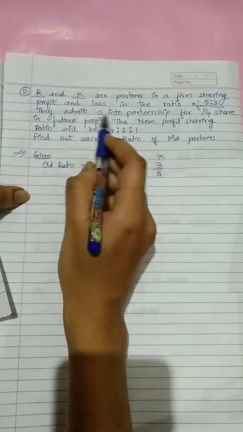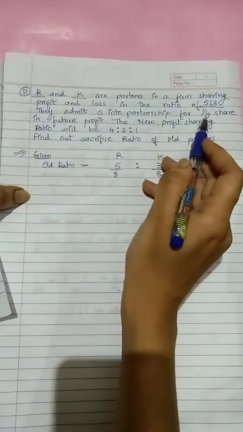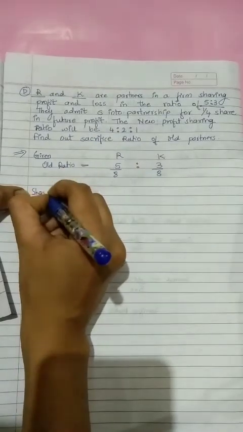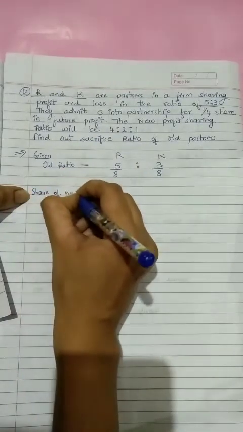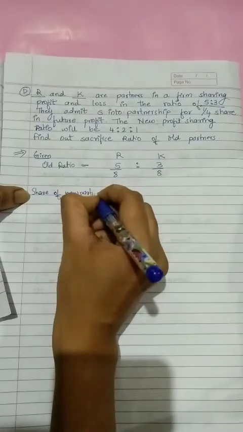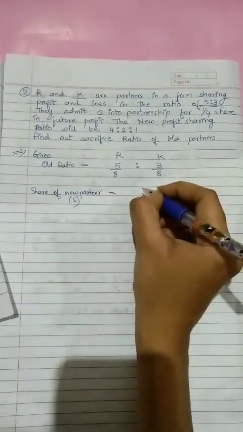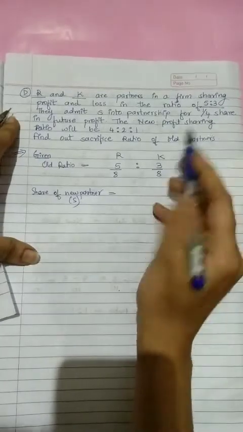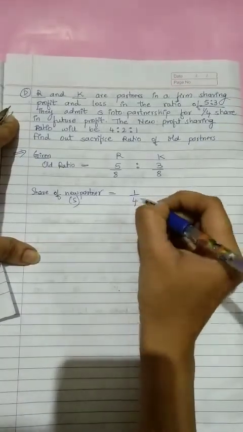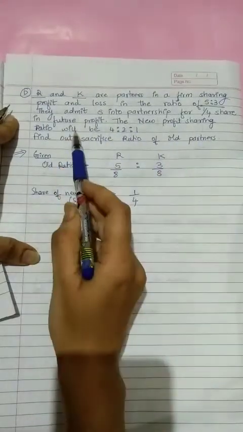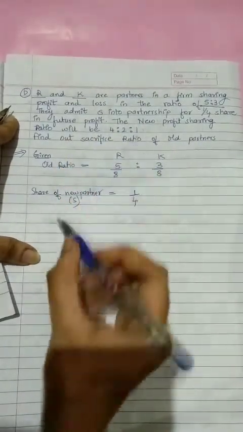They admit S into partnership for 1 upon 4 share in future profit. So share of the new partner, that is S, here is 1 upon 4. Okay, then what else is given? The new profit sharing ratio will be 4:2:1.